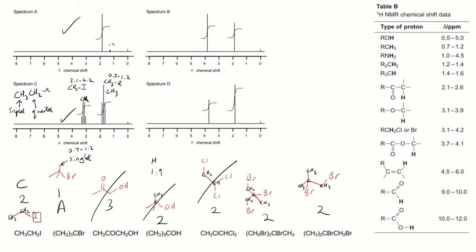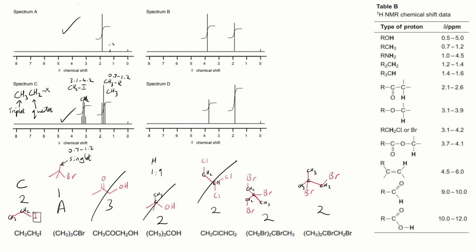The CH2 environment's next to a bromine there. The CH3 is adjacent to a carbon with a bromine. Whereas here we've got the CH3s adjacent to a carbon with a bromine and CH2 directly connected to a bromine there. So that's fairly similar between them.